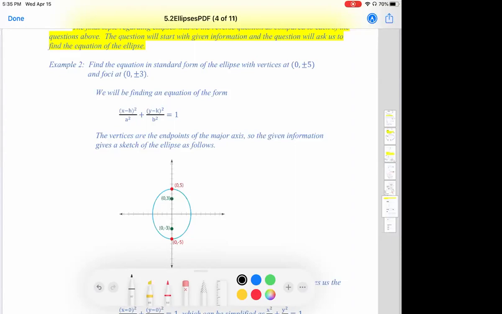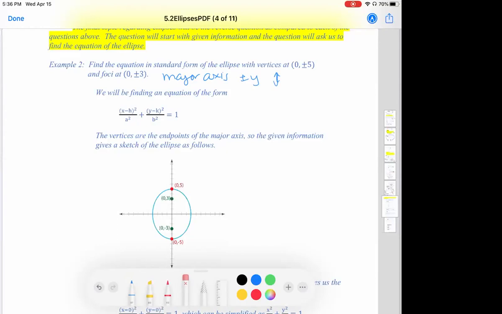All right, so your foci tells you which one your major axis will be, right? Because we're adding to the y's, we know it's going to be longer up and down. Okay, so we say we have vertices at 0, plus and minus 5.